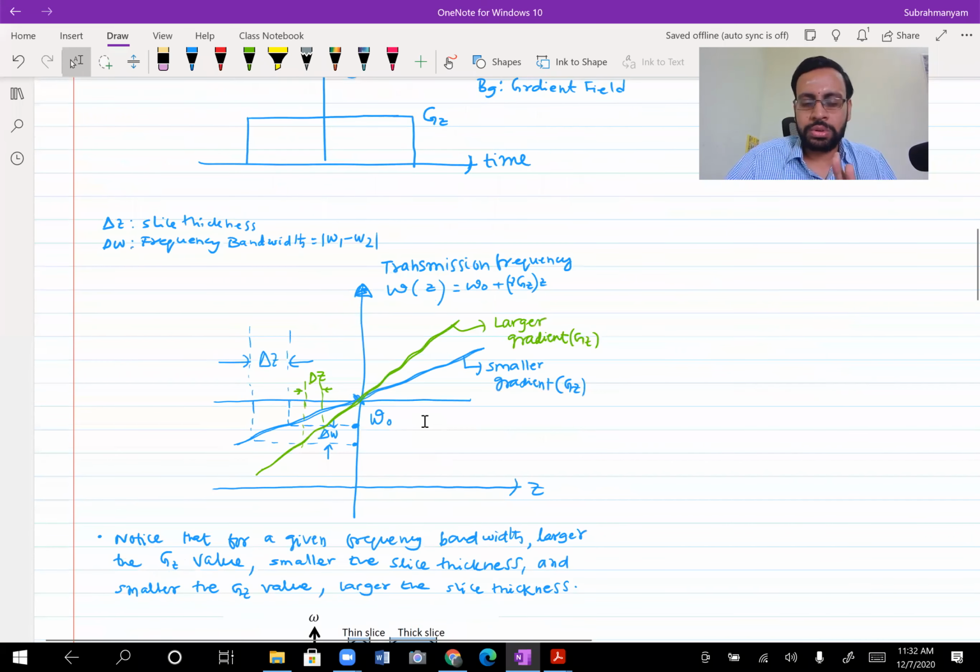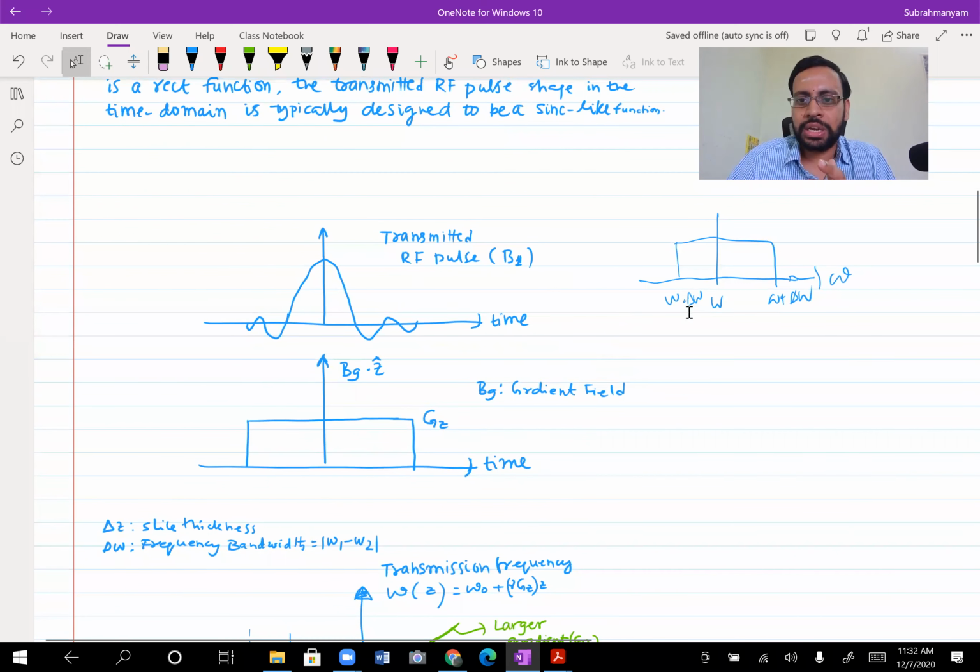So now what we are going to discuss is for a given bandwidth, or in other words, you call it delta W. I should have written it as minus delta W by 2 to delta W by 2, so that this length is delta W. That is fixed.